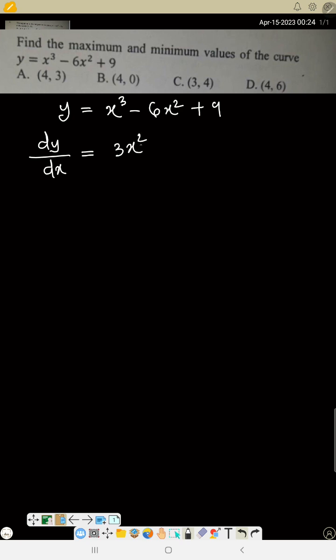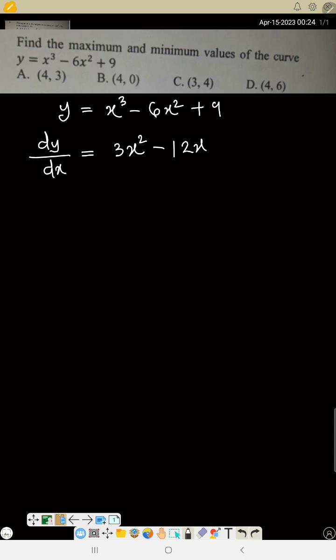That is 3x squared minus 6 times 2, 12x. 3x squared: this 3, write it first, subtract 1 again, minus 12x because 6 times 2 is 12. Then plus 0, constant.